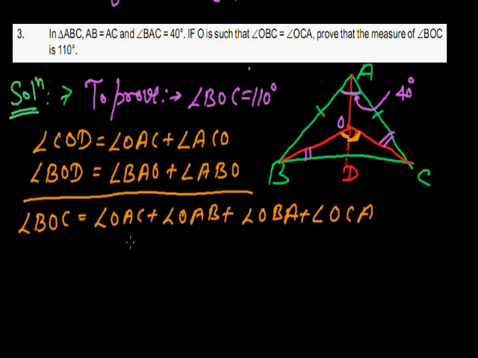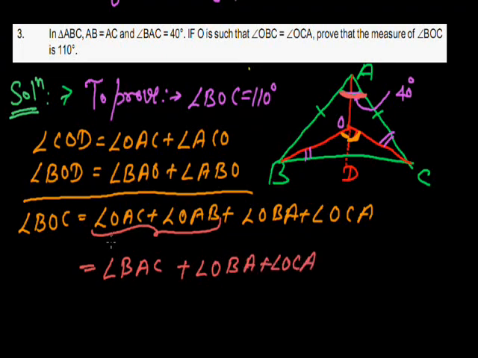Now angle BAO plus angle CAO is equal to angle BAC, as this angle plus this angle is equal to the whole angle BAC. Now plus angle ACO plus angle OBA.